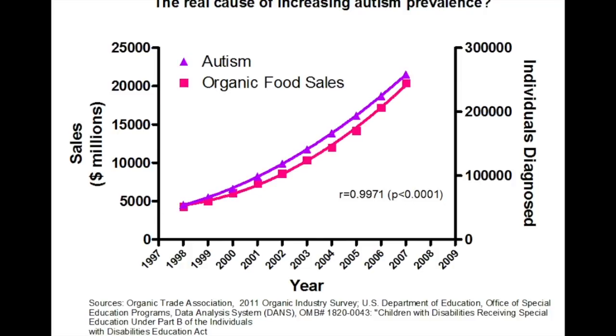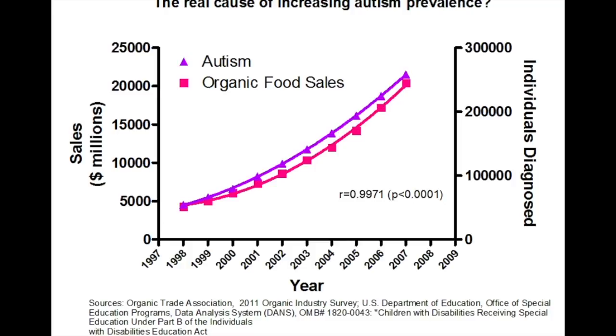Yet the same correlation, a relationship between organic food sales and autism, is also true here, where you see this line representing an increase over time in the number of diagnoses of autism very closely aligned with this other trend of an increase in organic food sales. Very closely related to each other. They have in fact a very high positive correlation with one another.